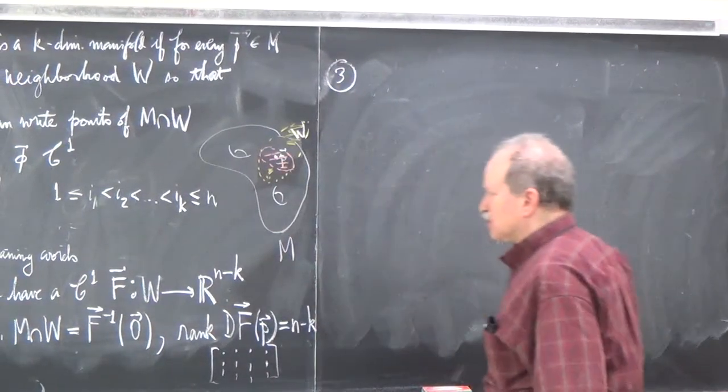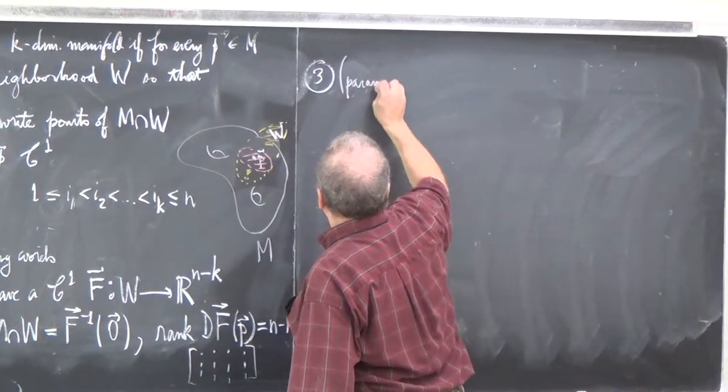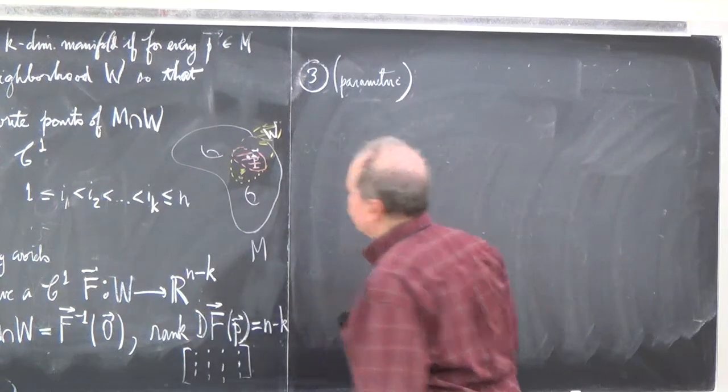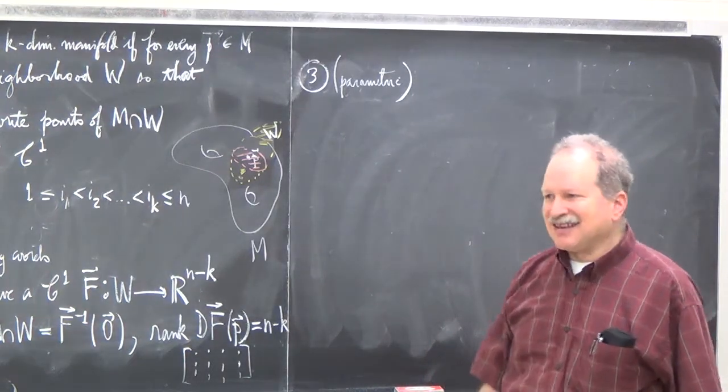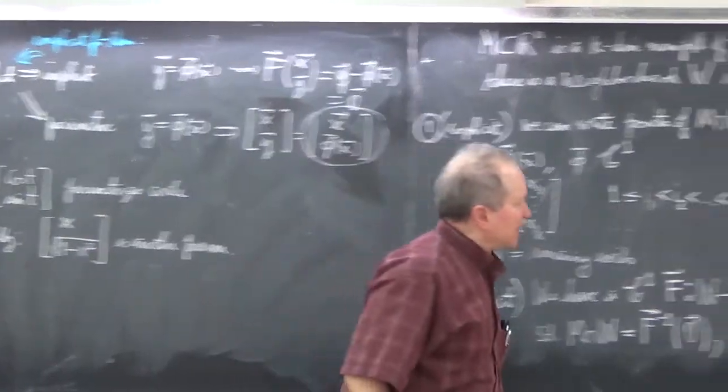The last definition is the parametric one. This one seems totally intuitive, like parameterizing curves is intuitive, but there's a little bit of technicality.